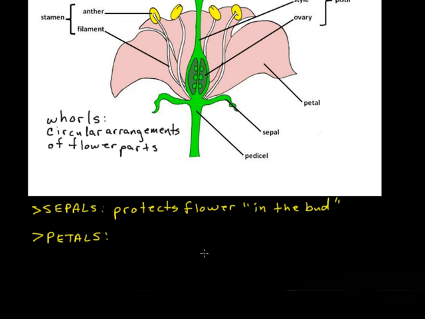They may have very distinctive patterns on them, even very unique shapes. They often have nectaries at the bases of the petals, which are used to attract insects and other animals for that matter, to come and pollinate this flower. And so the main function of the petals is to attract pollinators.